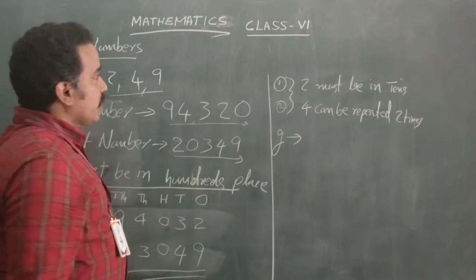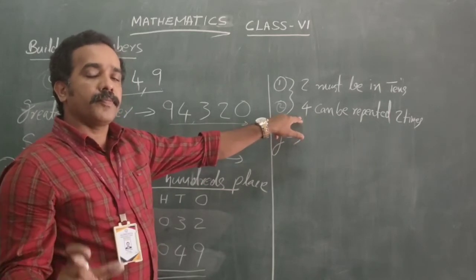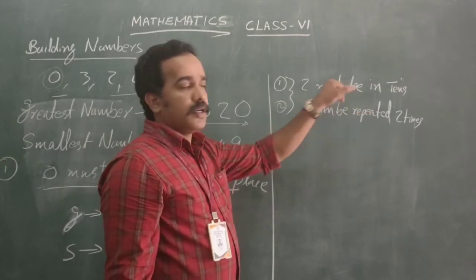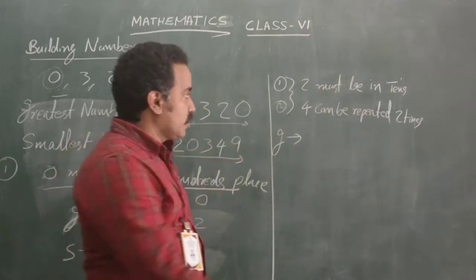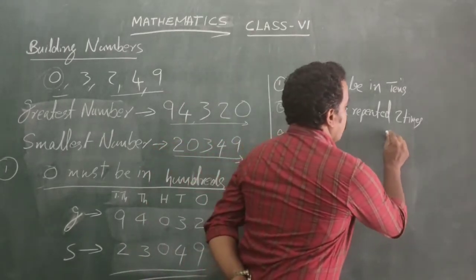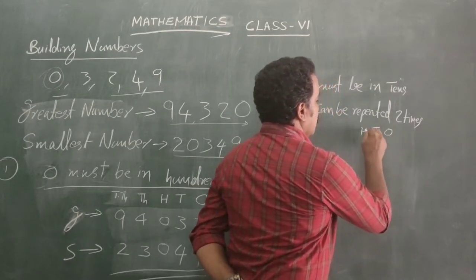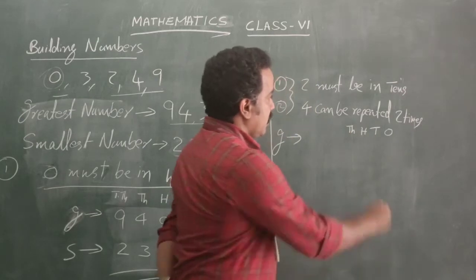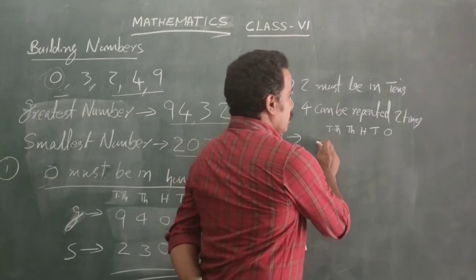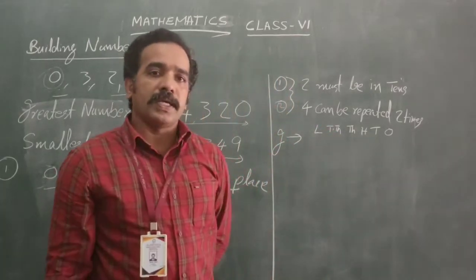So we have to make use of all the 5 digits and 4 can be repeated. So it must be a 6-digit number, but in that 6-digit number 2 must be in the tens place. So for a 6-digit number the place values are: ones, tens, hundreds, thousands, 10,000s, then after 10,000 lakh. These are the 6 places.